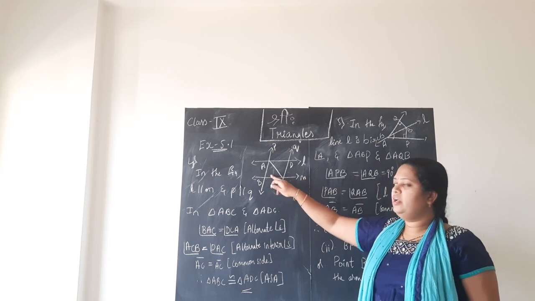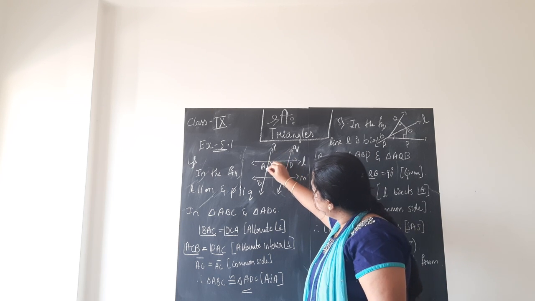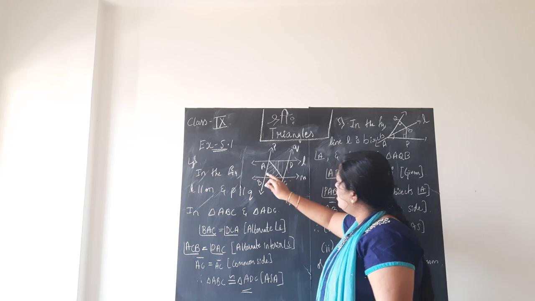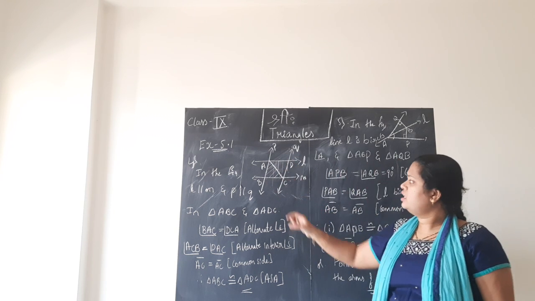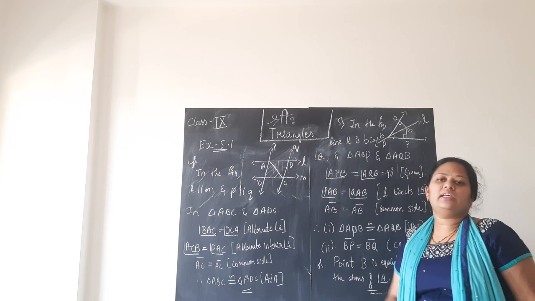So, L and M, P and Q are parallel lines, as I said. Here in the figure, if you observe, these two are the triangles, children. I have shaded it for you to make you understand. Triangle ABC is one triangle and ADC is the second triangle.